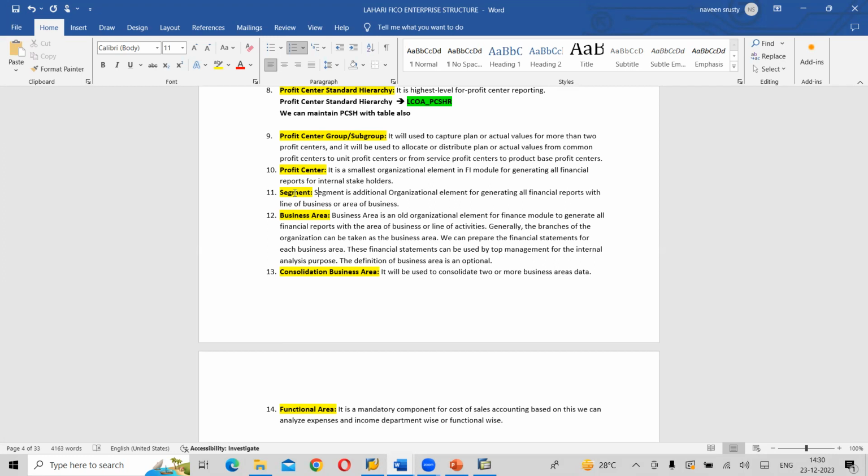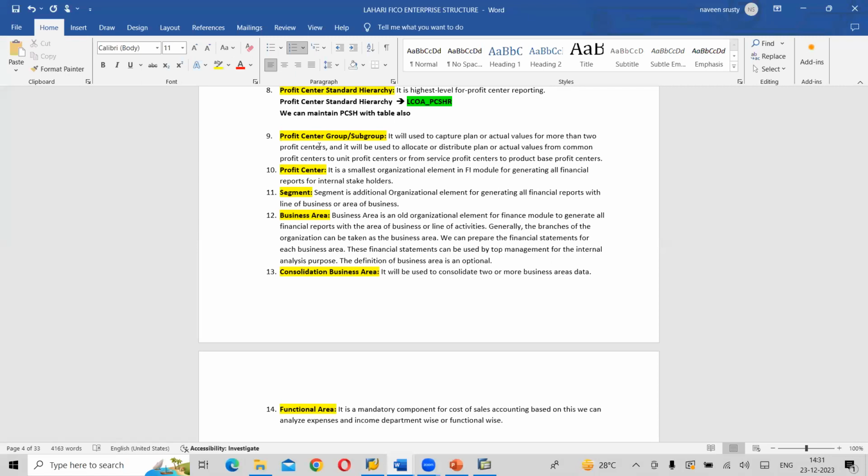So in our project, in our entire course, we are going to use both. I could ignore one so that it would be easy for me. But once you are in the live environment, in earlier batches I used to handle only the segment or only the business area. But now in whatever projects I saw, 99.9% of projects are using both business areas as well as profit segments.